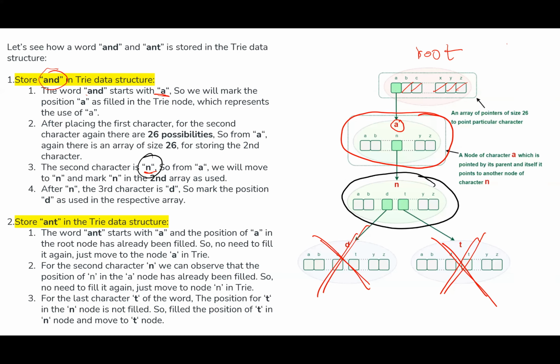Everything white is still null. So we create N, and this trie node will also have the list of children, but all of those are null yet, so I'm making them white.